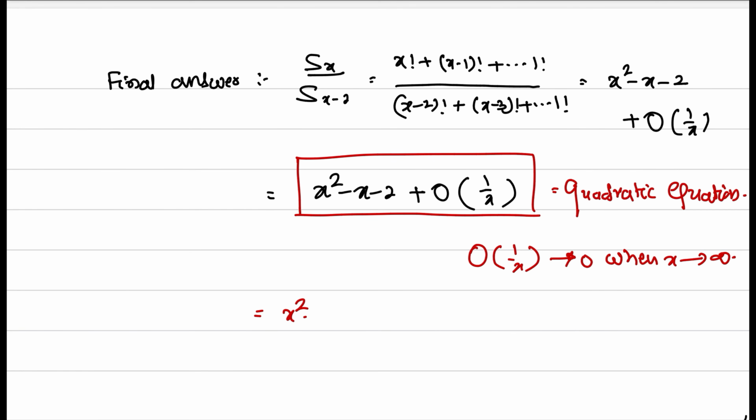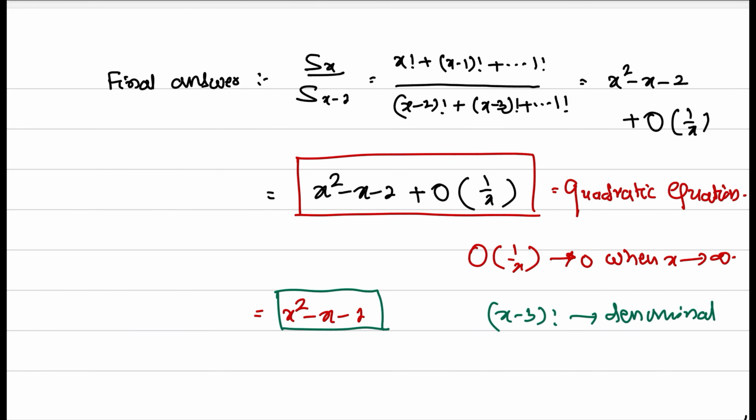Can you try as a homework some other equation, putting x minus 3, starting with x minus 3 factorial in the denominator? Do it. What is the answer you will get? You please check and answer it in the comments. I will reply to the comments.